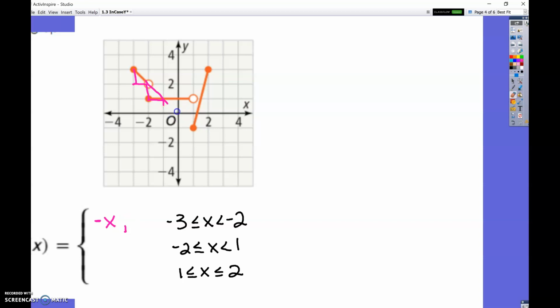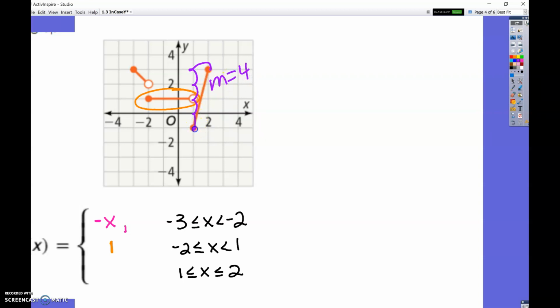Now, my second function is that boring flat one. It's actually the easiest one to write, where I would say it's a nice 1 all the time. Y equals 1 all the way across. Finally, my third function, it is sloping up 1, 2, 3, 4 to the right 1. So my slope will be 4 here, but I want to find that y-intercept.